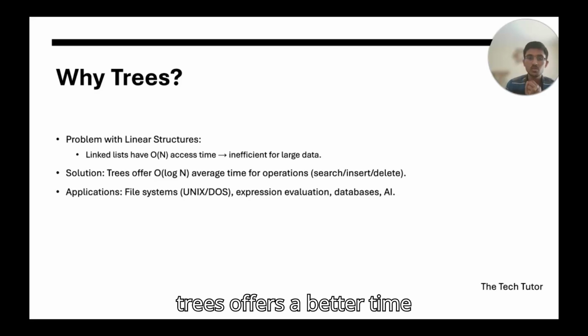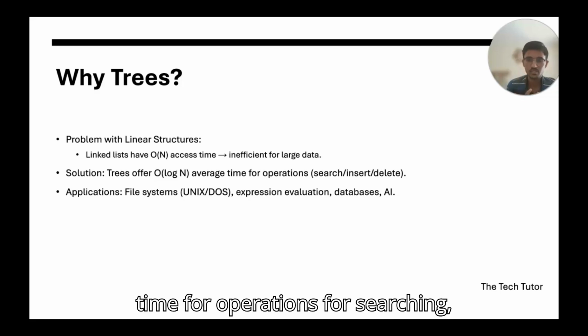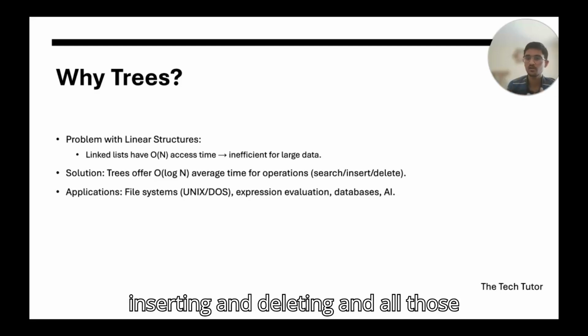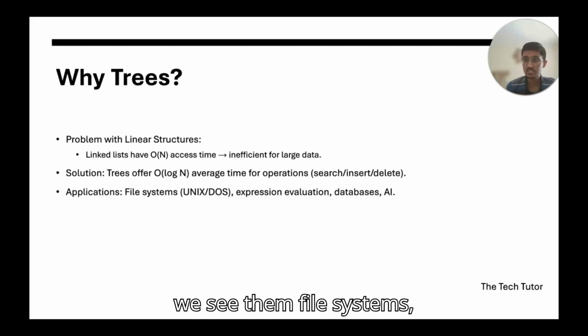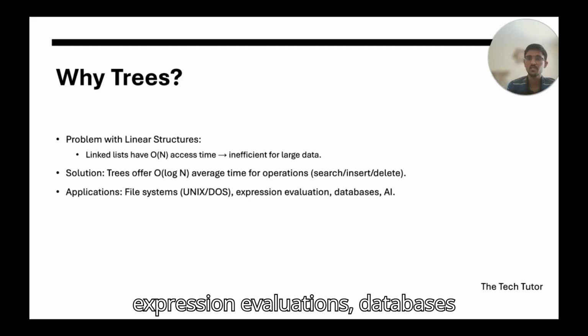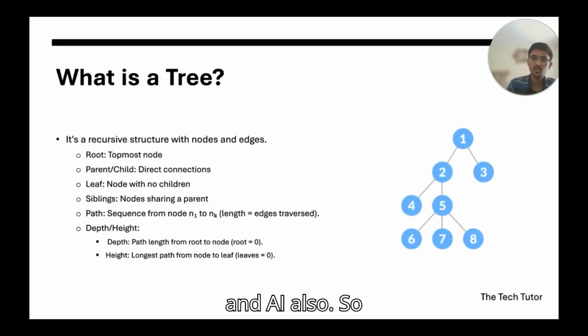That's why trees offer a better time complexity of O(log n) on average for operations like searching, inserting, and deleting, and all those other operations. Some applications we see them in are file systems, expression evaluations, databases, and AI also.